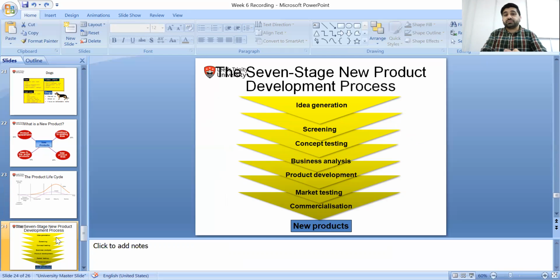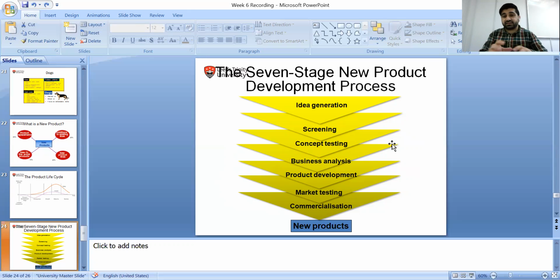7 stages of new product development process. How a new product develops. So basically, first of all, there is an idea of what type of product we need to offer to the market. So at first stage, we generate an idea, and then there is a screening of those ideas. What type of product we can offer to the market. So we pick up, we do selection, we do screening, and then we test that concept.